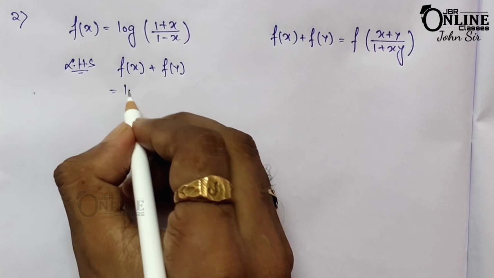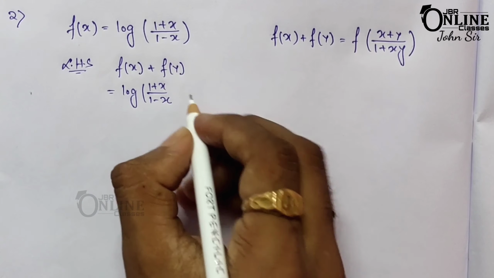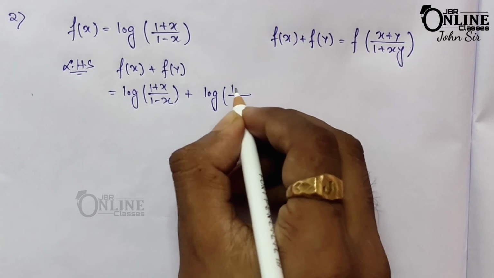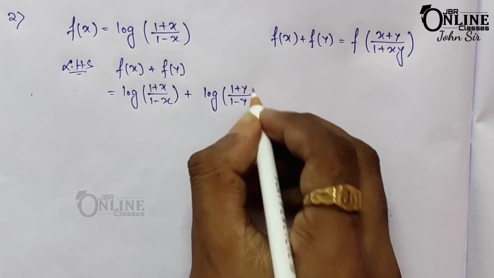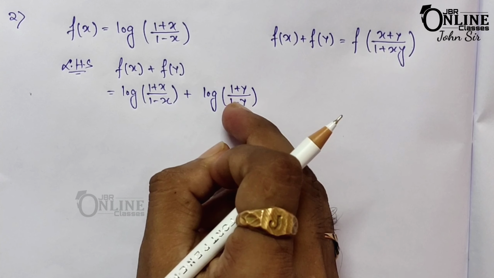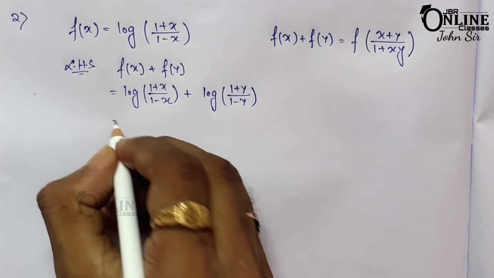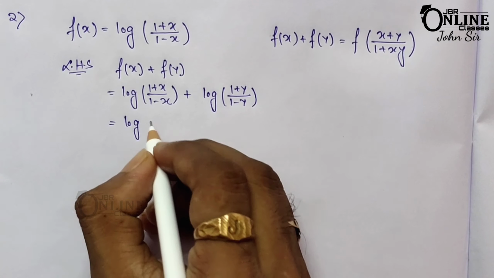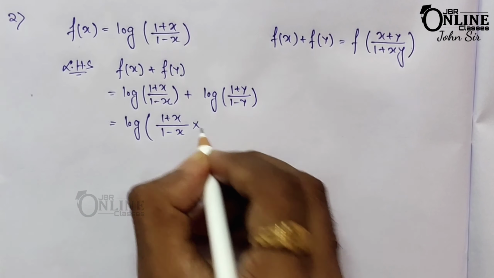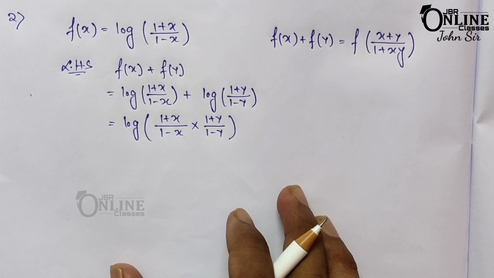So f(x) means log of (1 plus x) by (1 minus x), and f(y) means log of (1 plus y) by (1 minus y). Now you know the formula, log a plus log b is log ab. So now you can write log of (1 plus x) by (1 minus x) into (1 plus y) by (1 minus y).